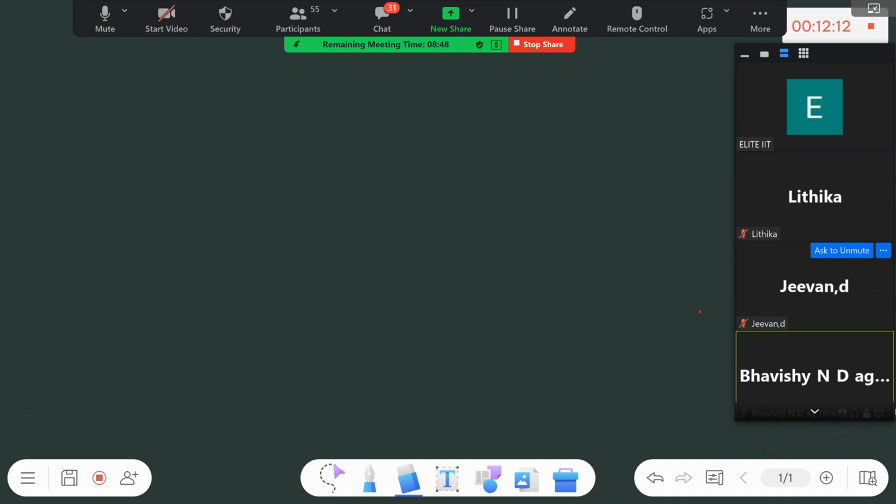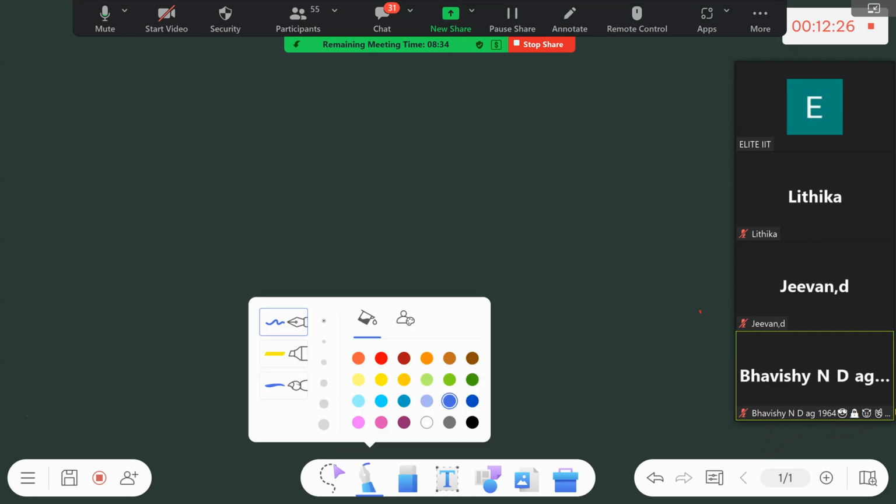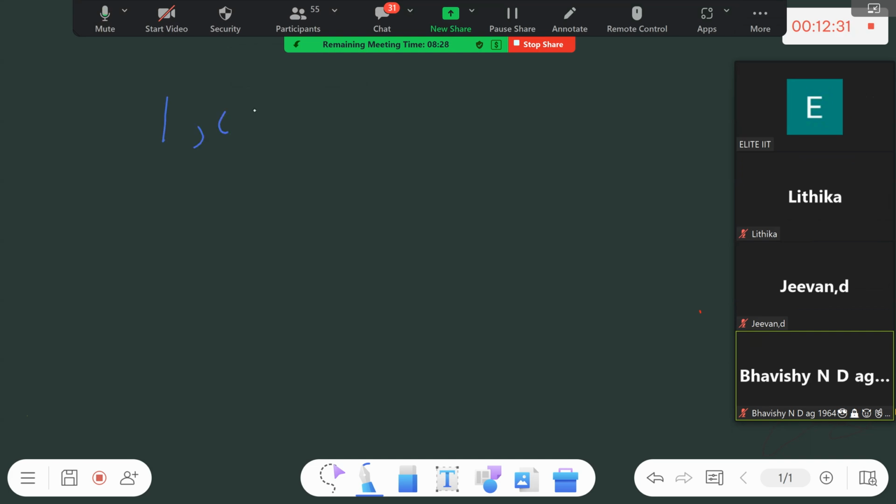Now, after your number system, we have place value. Before that, let's see: instead of writing the whole thing, you can write it like this. If I give you 1 million here, how will you write it in the Indian system?